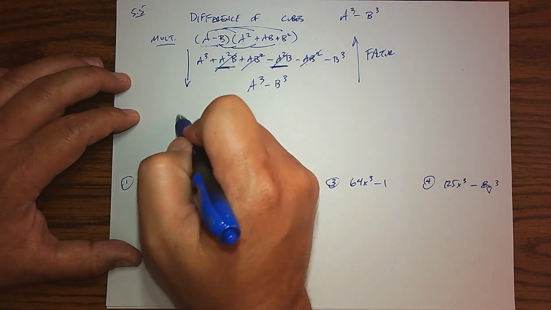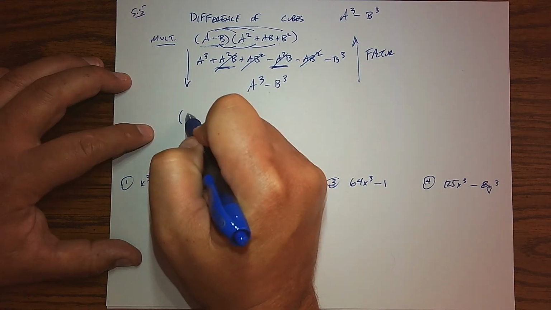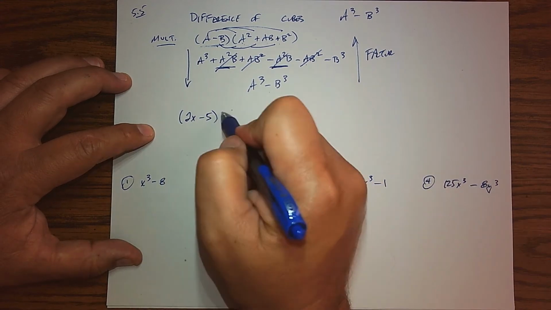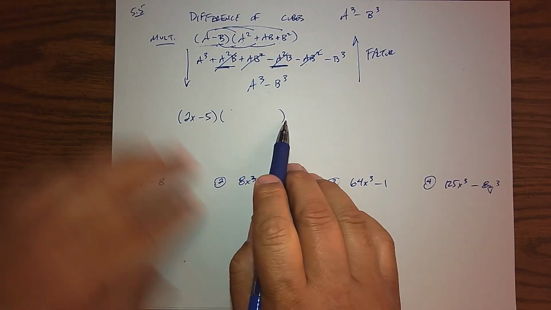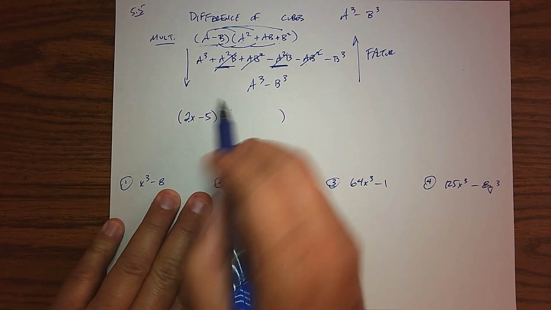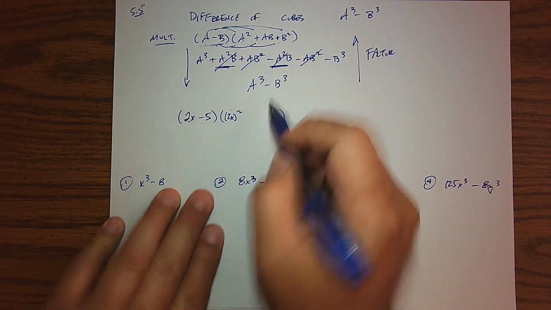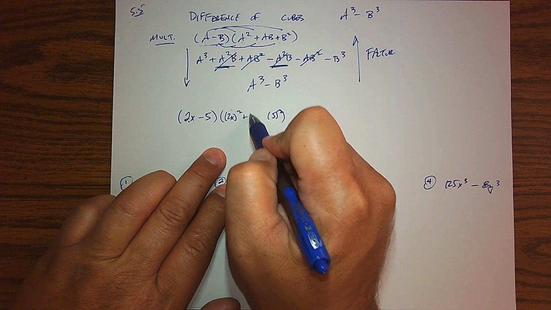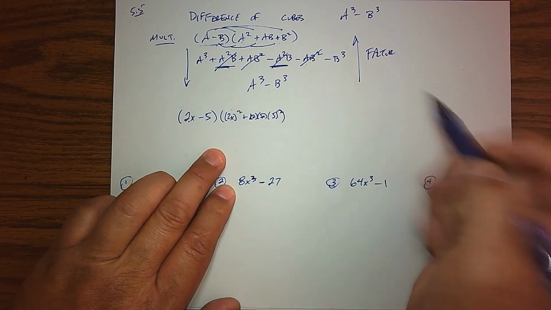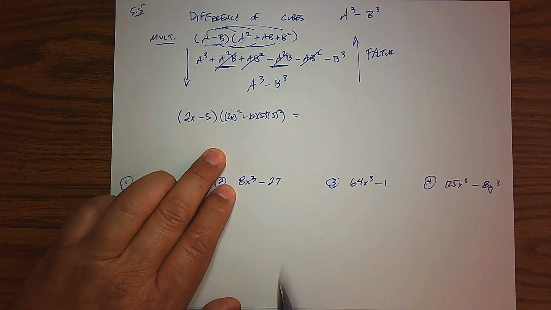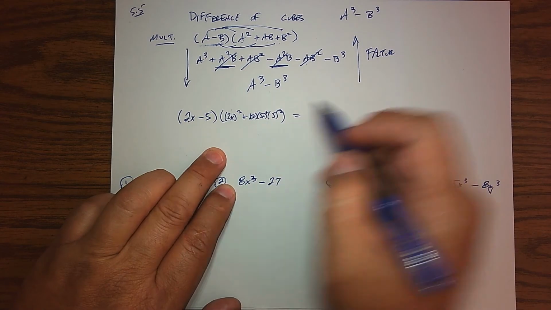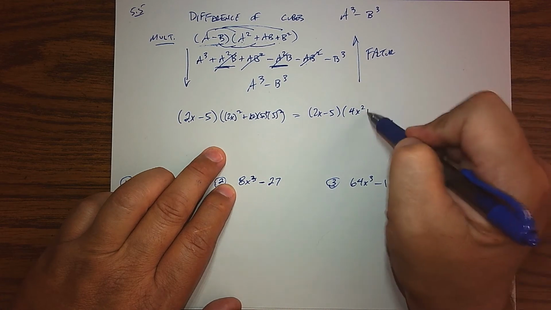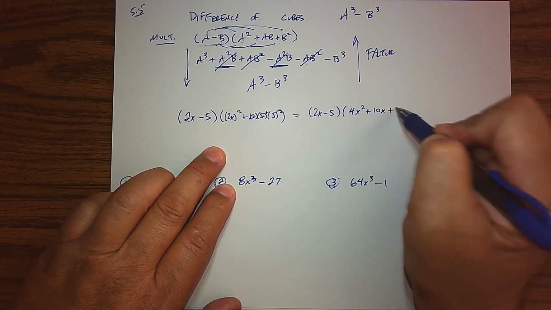If I had something like 2x minus 5, then the trinomial is the first term squared, the last term squared, and we add their product in the middle. There's a plus sign there. So 2x minus 5 times 4x squared plus 10x plus 25.